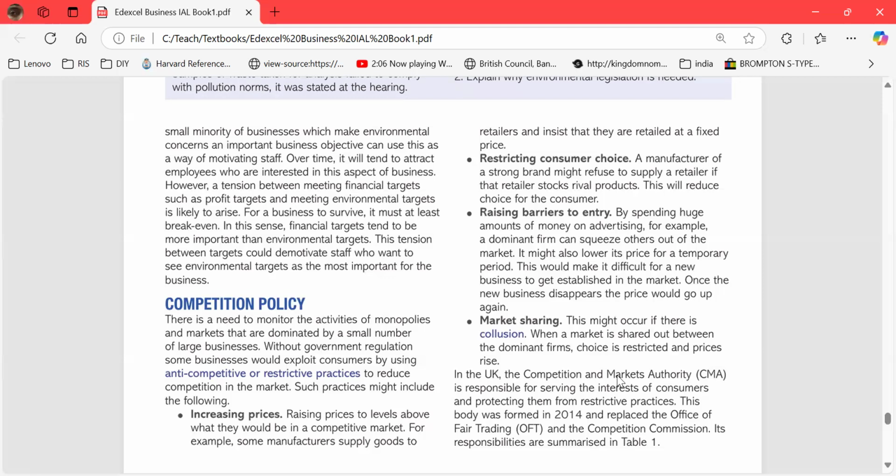Suppose this is an imaginary example. Suppose Lay's chips. Lay's chips are trying to restrict consumer choice. Secretly they're putting an unfair demand on the retailer: if you keep my rival's products, which are smaller firms, maybe smaller competitors, then the popular brand Lay's won't supply goods to that particular retailer.